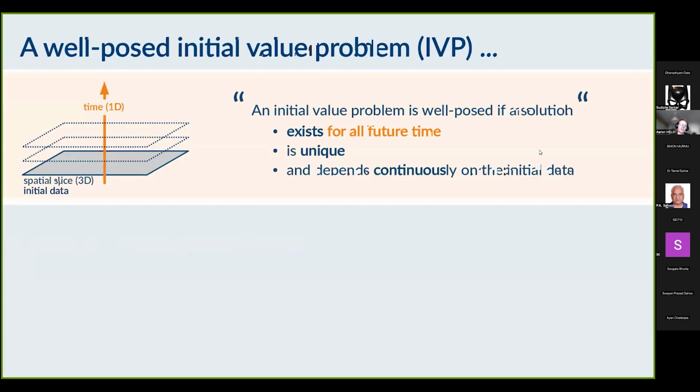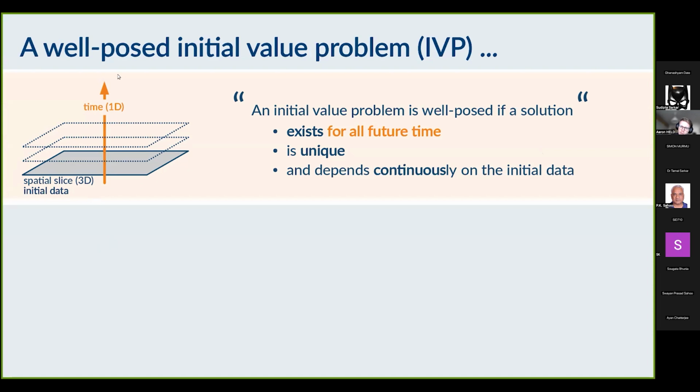So first of all, let me quickly repeat what I mean by a well-posed initial value problem. You would say that an initial value problem, meaning that I take my space-time and I slice it into 3-dimensional slices and one time direction. I can do that in many different ways, but I do it in some way. Then I put initial data, so I pick the fields and derivatives, depending on the order of my equation, on that slice, and I want to evolve it in time.